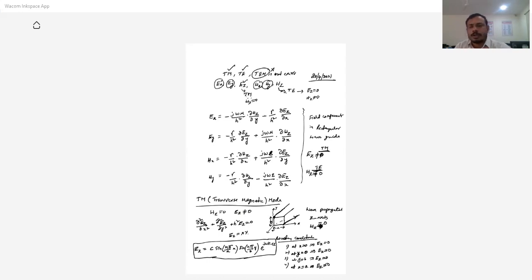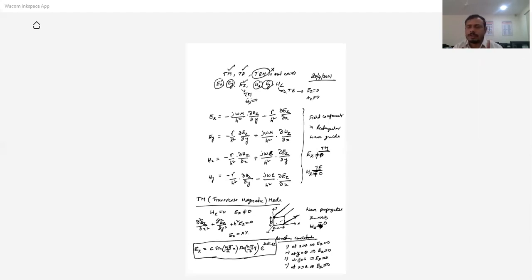For the TM mode you need to show the expression for that, and for the TE mode also you need to write the expression for all these 6 components. Is it clear?